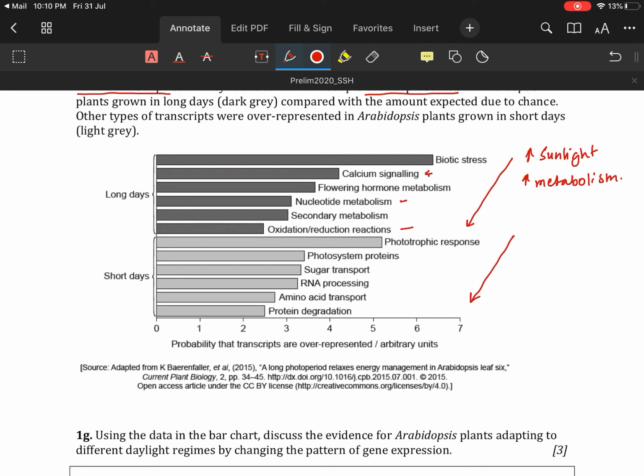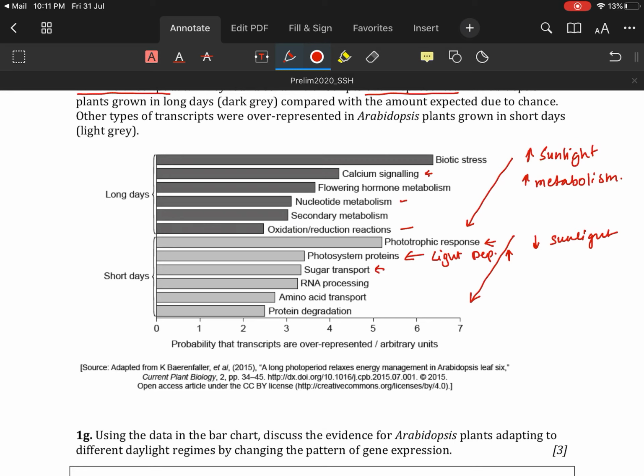Now short days, being short day, less sunlight. If there is less sunlight, they have to adapt in a way that they utilize the amount of sunlight given to them to the maximum. To the maximum means they must have more photosystem. More photosystem means light dependent reaction. Light dependent reaction rate should increase. Phototropic response, they should respond to the limited amount of light to get the maximum.